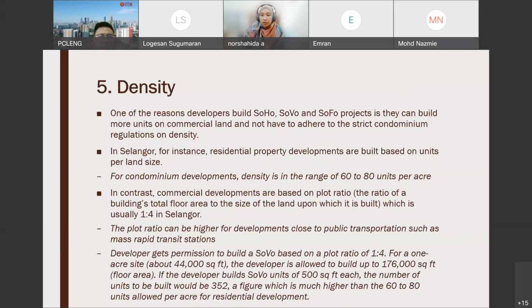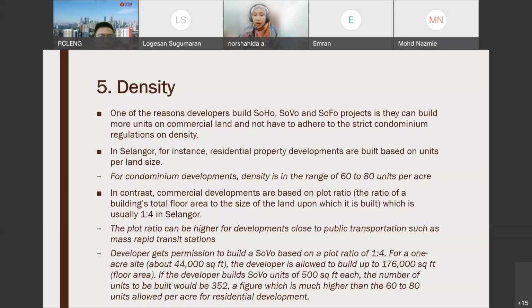Developer is allowed to build 176,000 square feet in terms of the plot area. And if the developer builds SOHO units for 500 square feet each, the number of units to be built would be 352, a figure which is much higher than the 60 to 80 units allowed per acre for residential development.